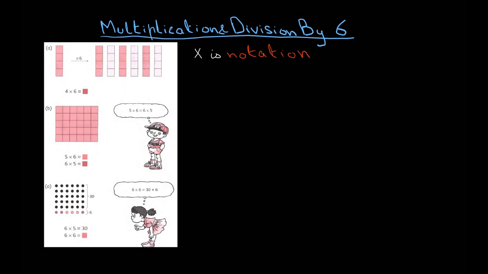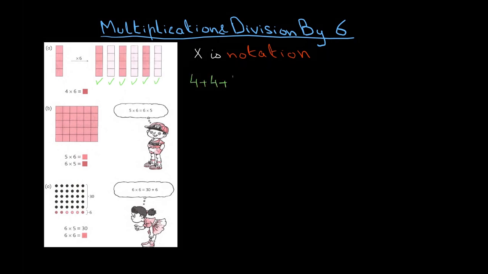So, what do we mean? What I mean is that here we have, as the book points out in a slightly different way, 1 four, 2 fours, 3 fours, 4 fours, 5 fours, and 6 fours.